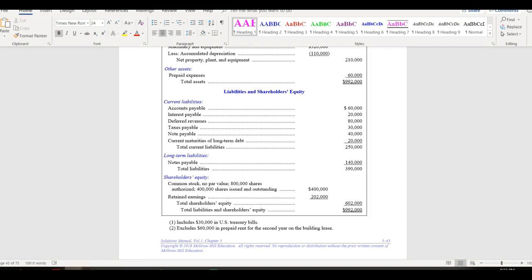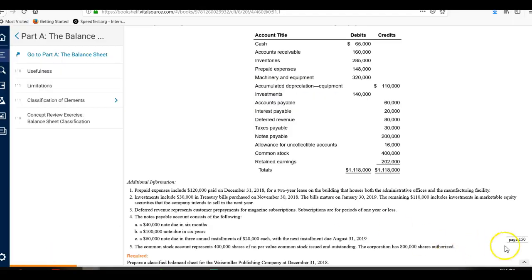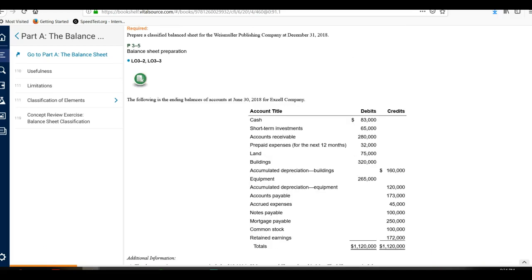We then have our common stock, no par, 800,000 shares, but 400,000 shares are issued and outstanding for $400,000. Our retained earnings of $202,000 gives our total shareholders' equity of $602,000.